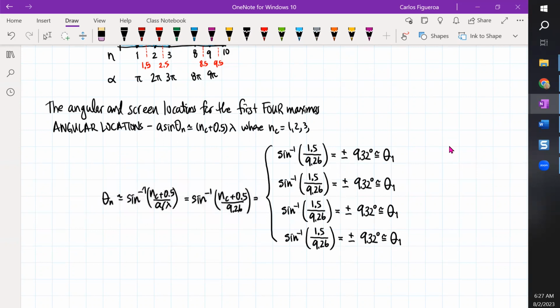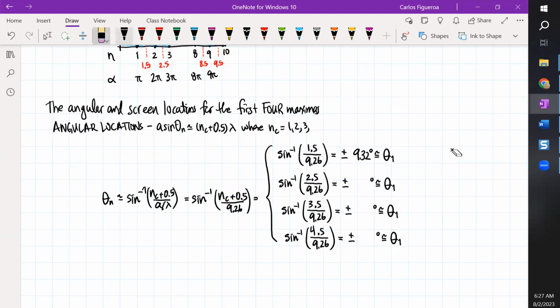This is not 1, it's 2, that's 3, that's 4.